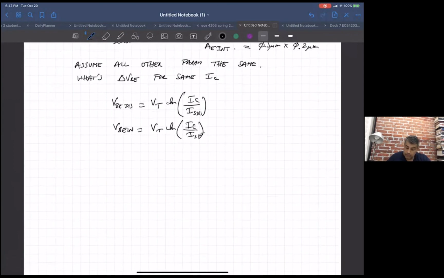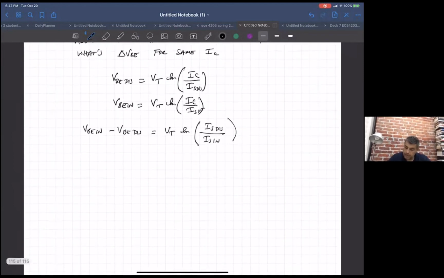Okay, so VBE integrated minus VBE discrete equals V sub t natural log of I sub s discrete over I sub s integrated. Okay, so it's basically a ratio between those I sub s currents.